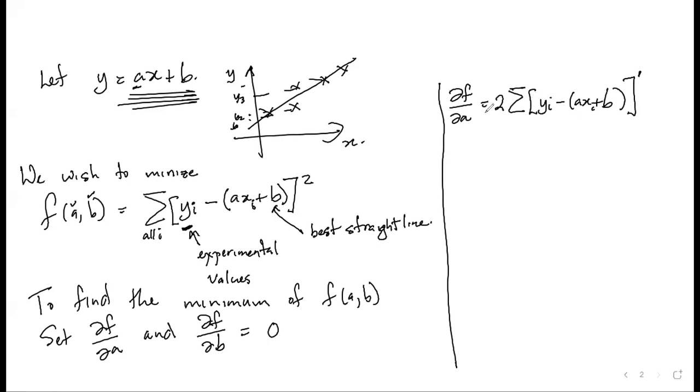So we differentiate the outside, and now we're going to differentiate the inside. When we differentiate the inside with respect to A, this y is a constant, b is a constant. So we differentiated ax with respect to a. What are we going to be left with?